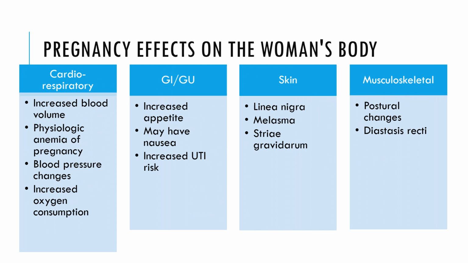So now we'll look at the effect that a pregnancy has on the woman's body. So with respects to her cardiorespiratory system, the heart muscle will actually enlarge, as well as the total blood volume will increase. There are a couple of reasons that the woman's total blood volume increases.